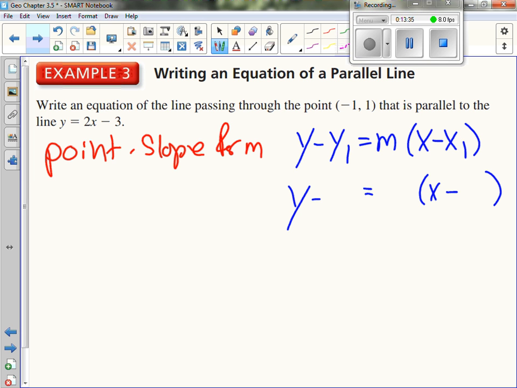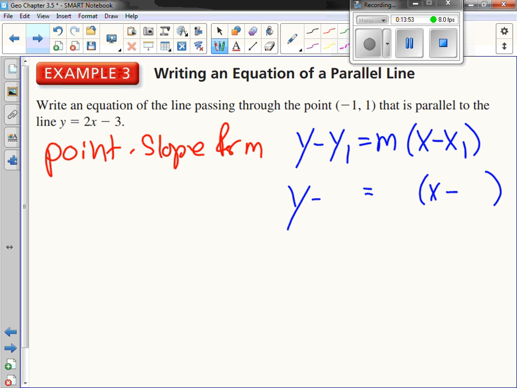Because the x and y that don't have those subscripts won't change. Because they're just x and y. They're generally input and output, or independent and dependent variables.